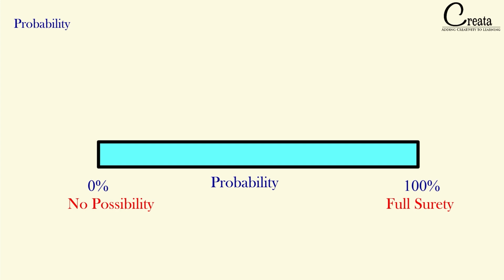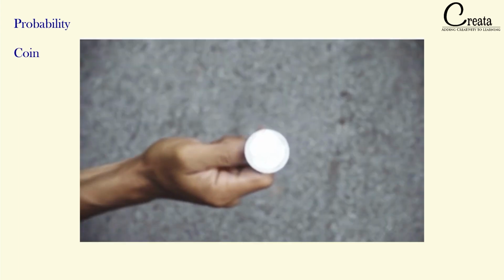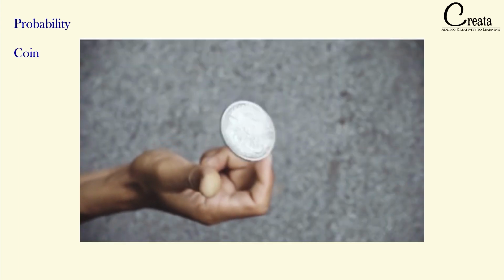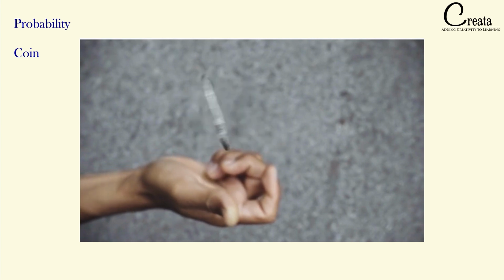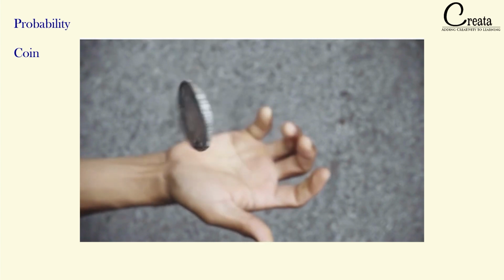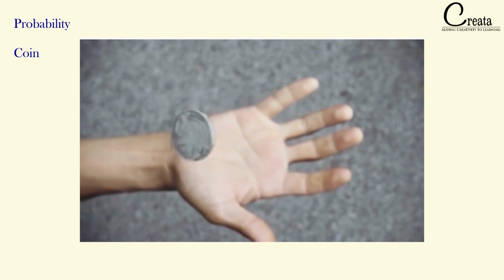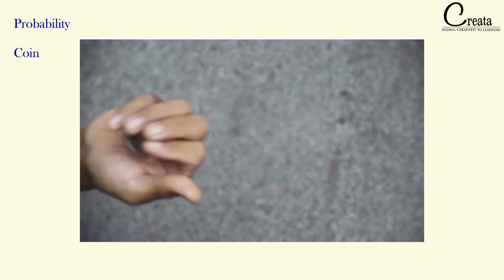Let's move further and have some textbook examples. We have covered the basic examples from general life, and for more understanding, let's take some textbook examples. You must have seen the standard example of a coin in your textbook. If we toss a coin, what are the chances of the different outcomes we will get?